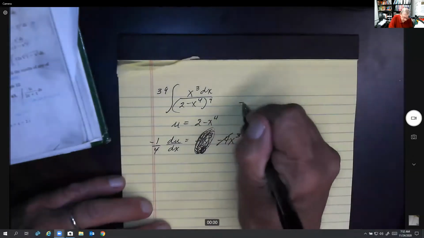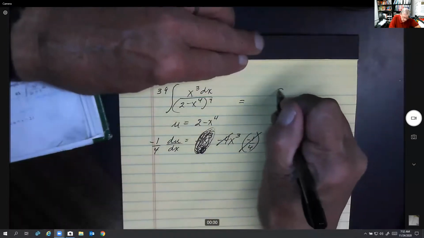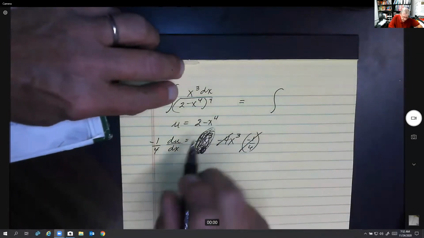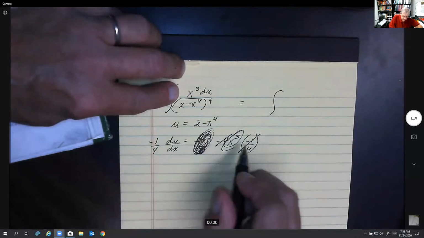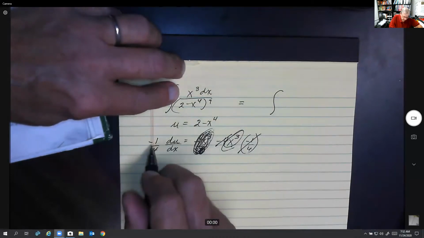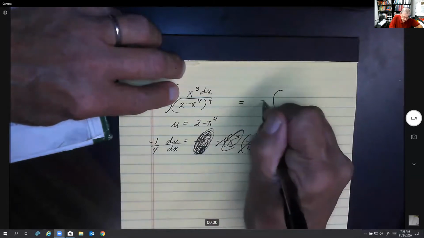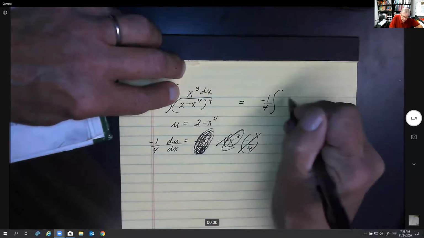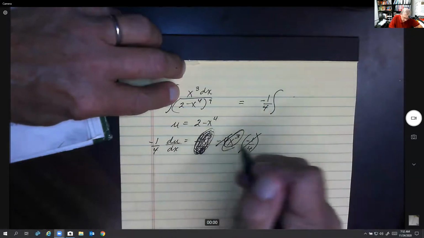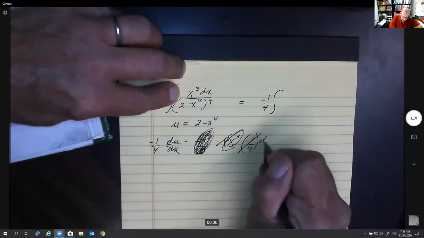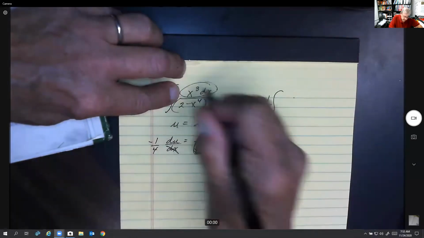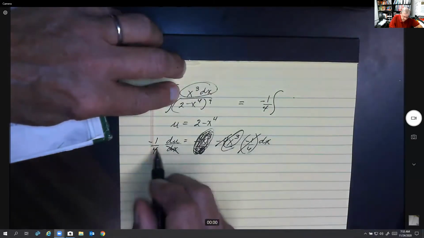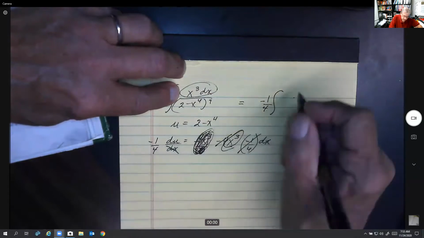So now in place of the x cubed right here, I'm going to put negative 1/4 du. And I forgot to put my dx on the top, and that's what's throwing me off. Okay, so x cubed dx is negative 1/4 du.